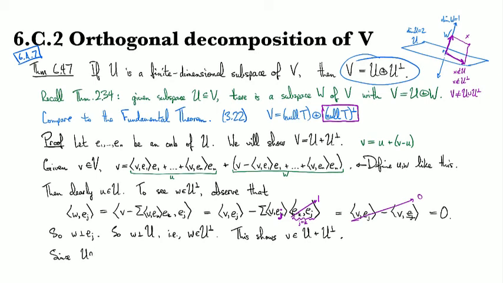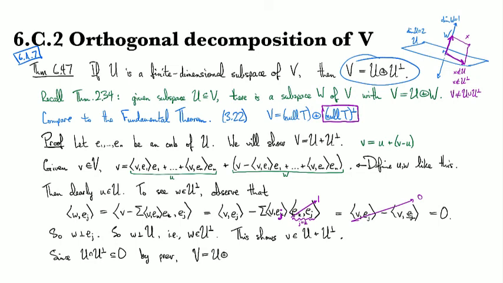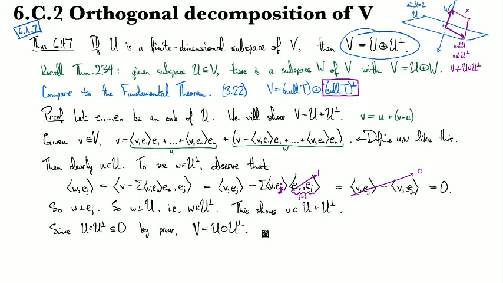Since U intersect U perp is 0 by the theorem in the previous clip, we know that it's a direct sum, an orthogonal direct sum. End of proof.